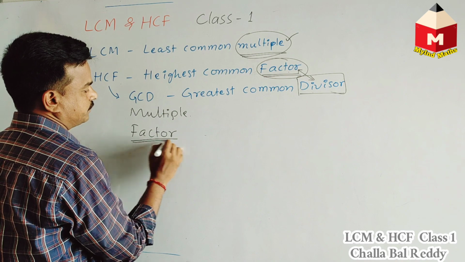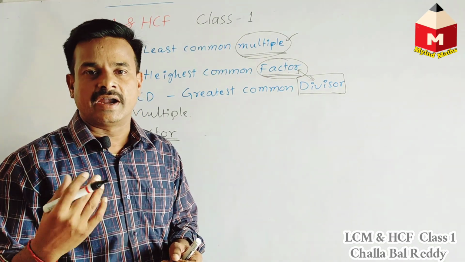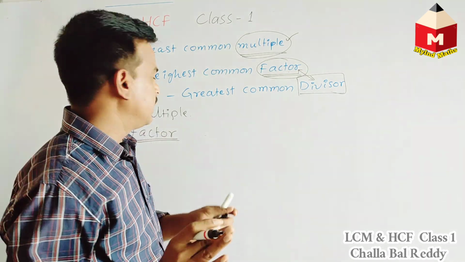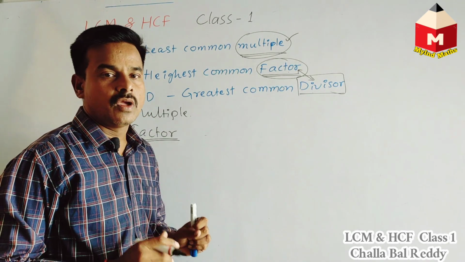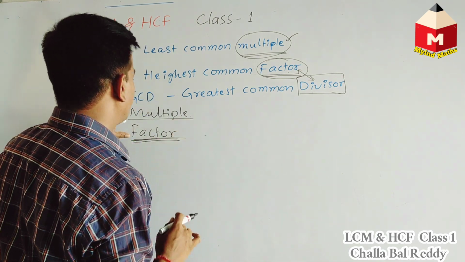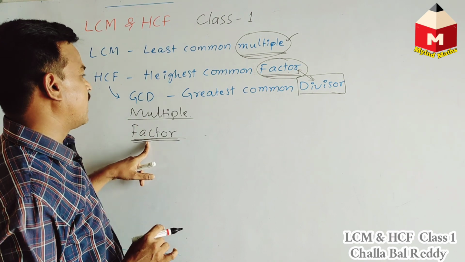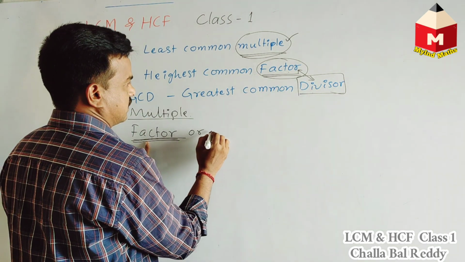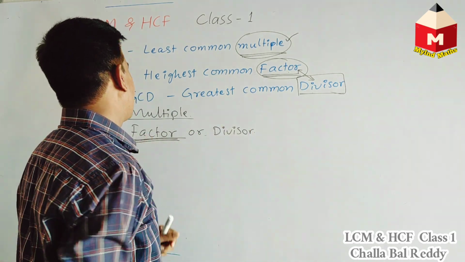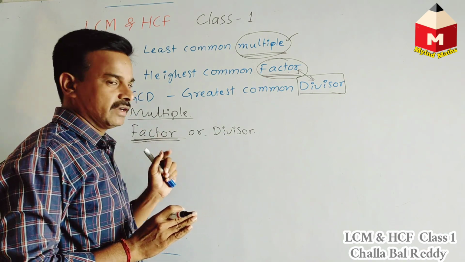What is factor? A factor is a number which divides another number without giving a remainder. These two words are very important. One is multiple and the second one is factor or divisor.